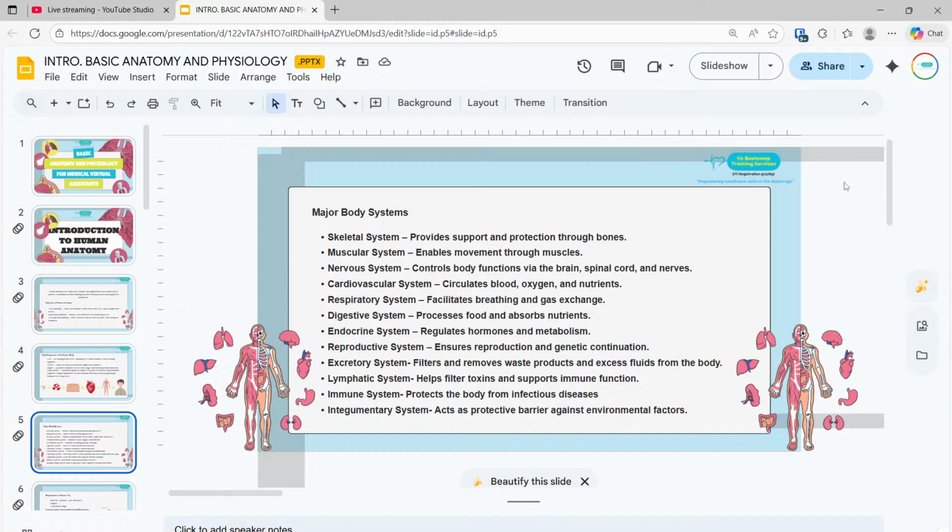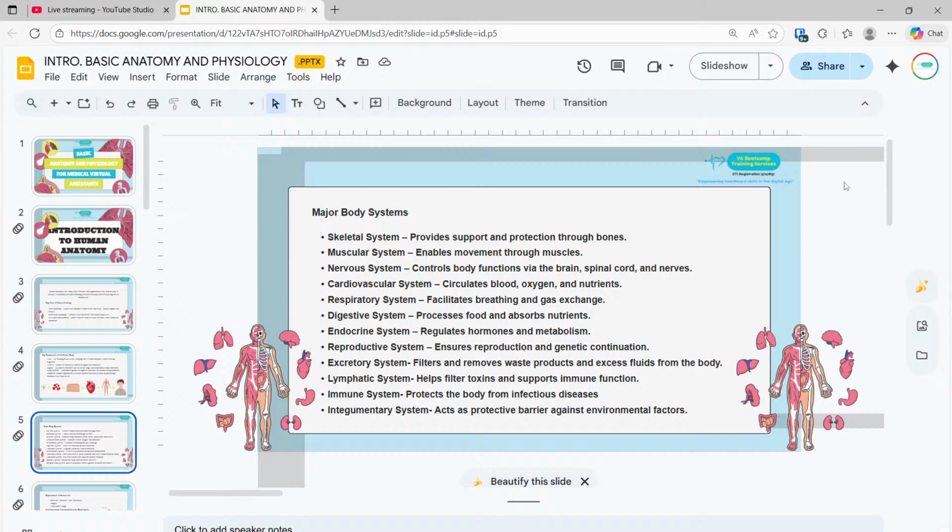Endocrine system regulates hormones and metabolism. Reproductive system ensures reproduction and genetic continuation. Excretory system filters and removes waste products and excess fluids from the body. Lymphatic system helps filter toxins and supports immune function. Immune system protects the body from infectious diseases. And the integumentary system acts as a protective barrier against environmental factors.